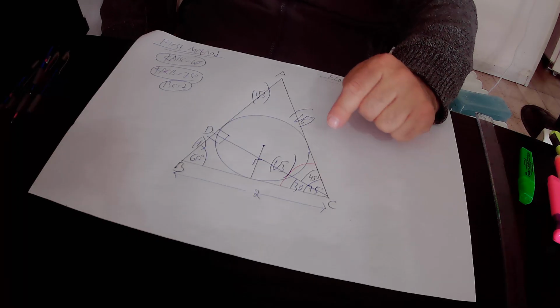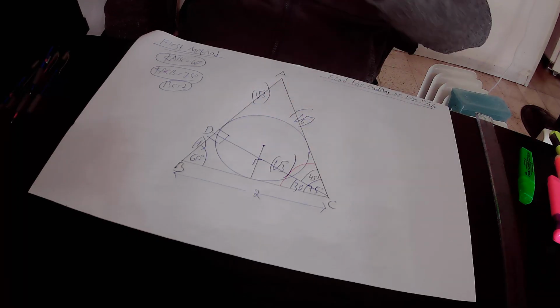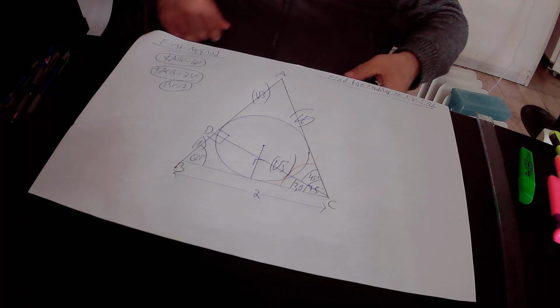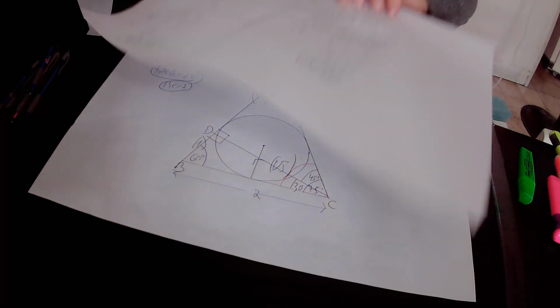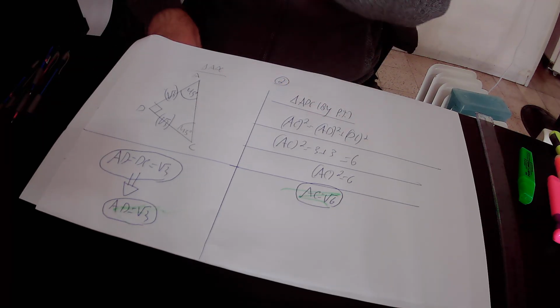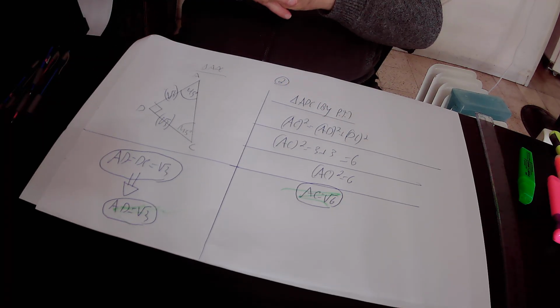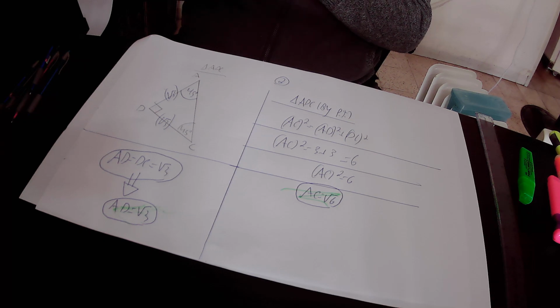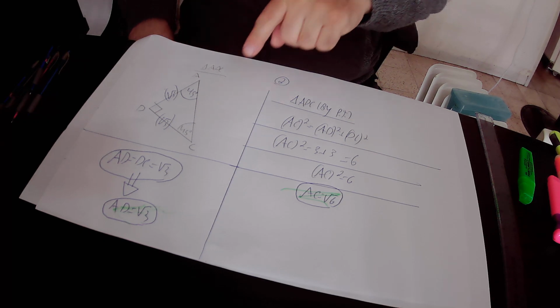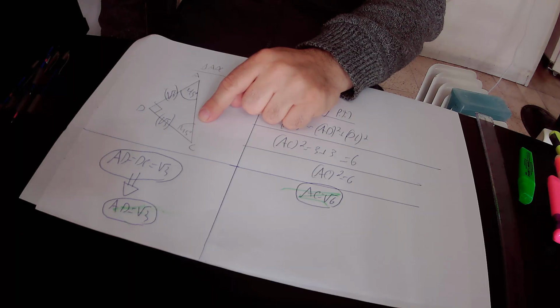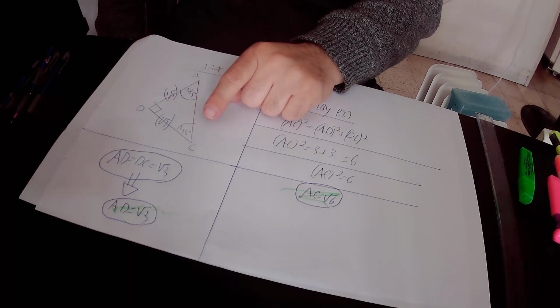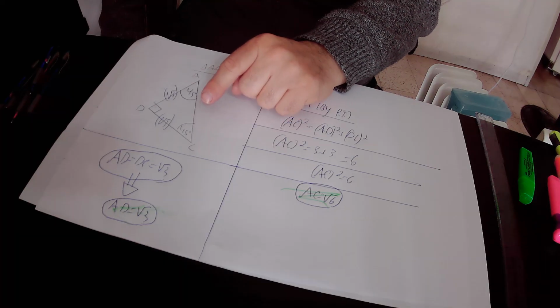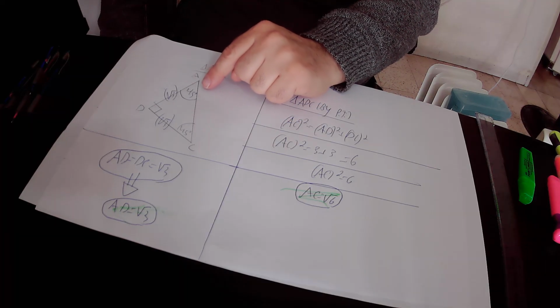In the next step, I copied the right triangle ACD in a new page and we analyze this right triangle. The sum of the angles in triangle ADC must be equal to 180 degrees. We have already found that this angle equals 45 degrees, and this is the right angle. So 90 degrees plus 45 degrees is 135 degrees.